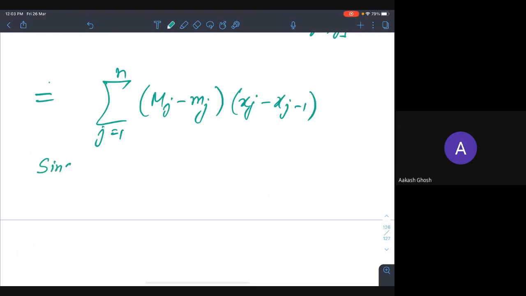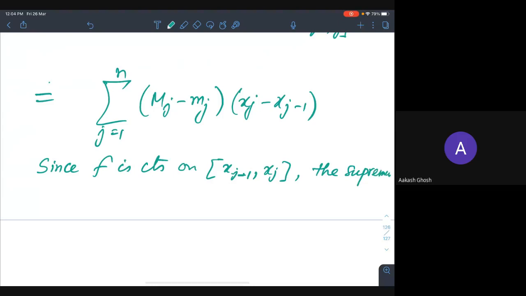Since f is continuous on this interval [x_{j-1}, x_j], the supremum and the infimum are attained.